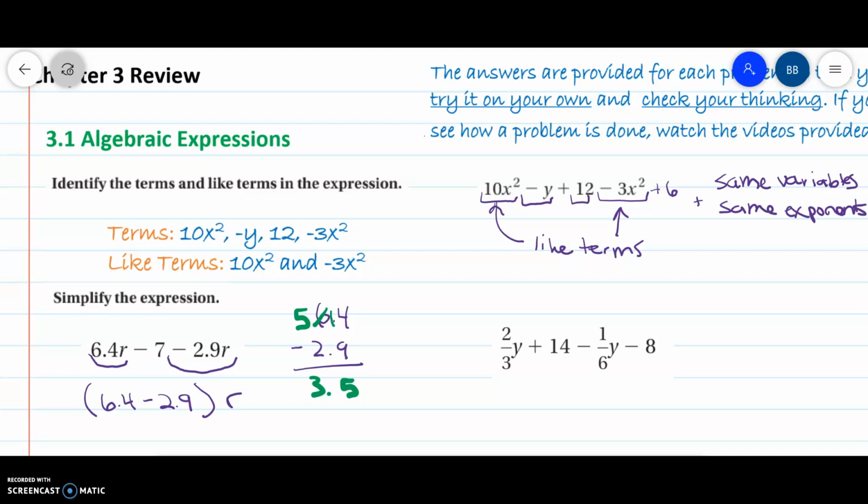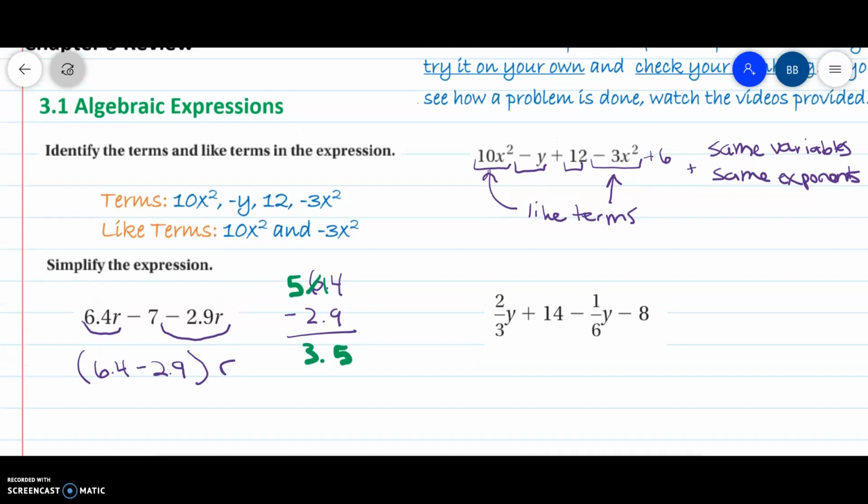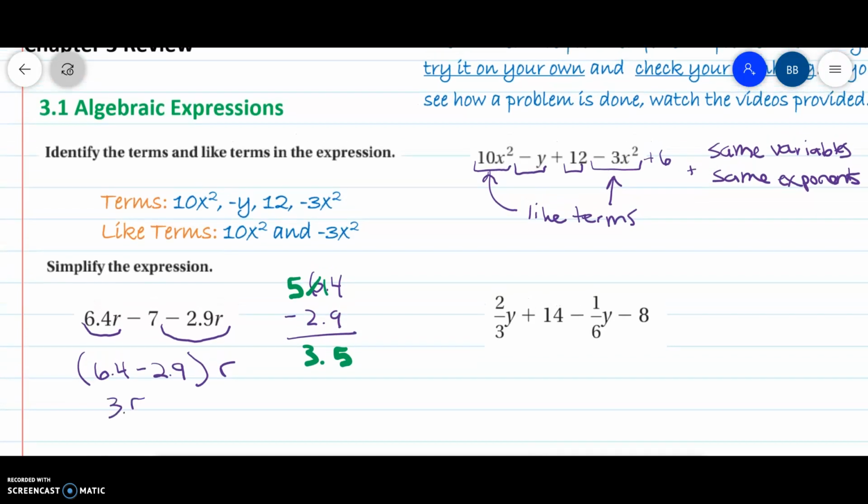So that turns into 3.5r. And then we can't forget about our last term, which doesn't combine with anything, is this negative 7. And so we just add that onto the end as a minus 7. And that would be our answer that we would circle. So 3.5r minus 7.